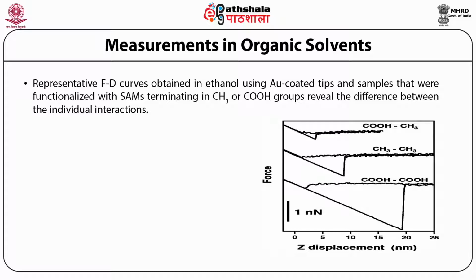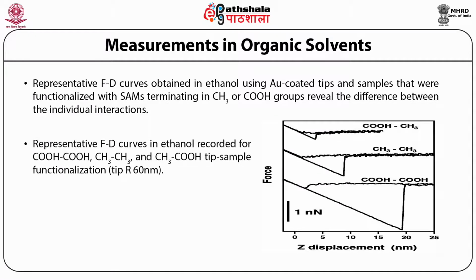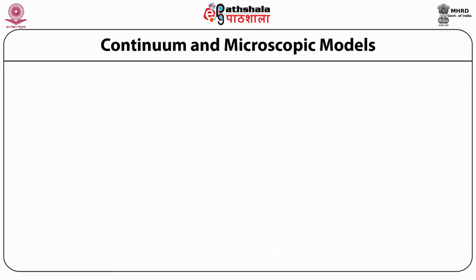This graph has been given for various compounds like oxalic acid and then ethane and acetic acid, etc. A representative FD curve in ethanol recorded for oxalic acid, ethane and acetic acid tip-sample functionalization has been given. Tip radius is 16 nanometers in such a case.